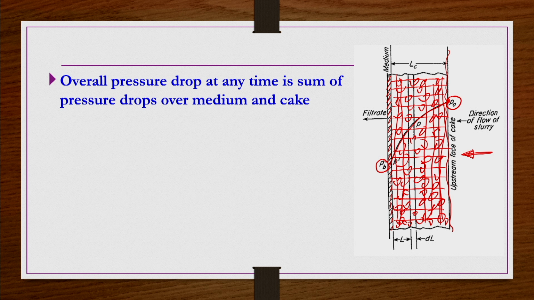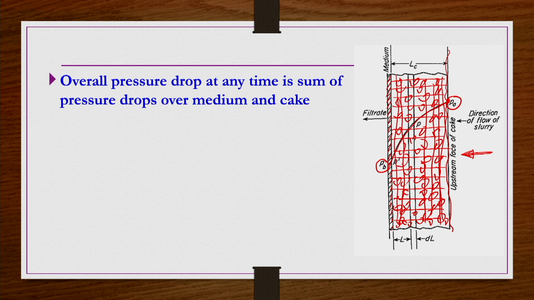Another reason is that the particles on the filter medium surface experience the largest compressive forces compared to the other sides. As we move away from the filter medium towards the slurry side, the compressive forces gradually decrease. Because of these reasons, we are going to have a non-linear pressure drop.